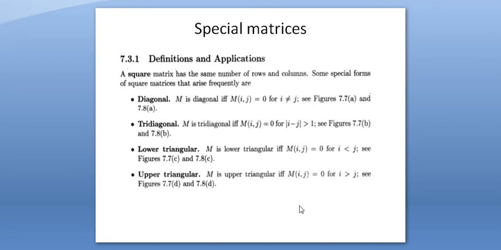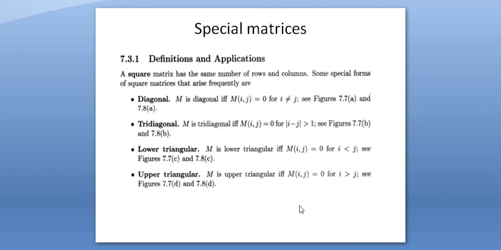Second row index positions 2 1, 2 2, 2 3, 2 4. Third row 3 1, 3 2, 3 3, 3 4. Fourth row indexes 4 1, 4 2, 4 3 and 4 4. Assume these are the index positions. Now let's work upon the first example.